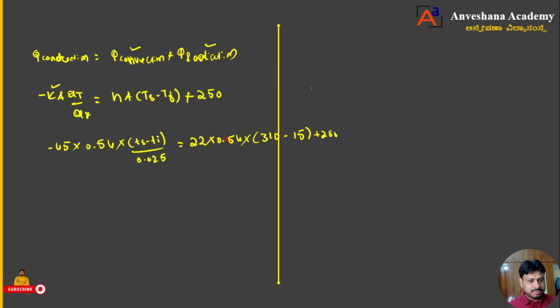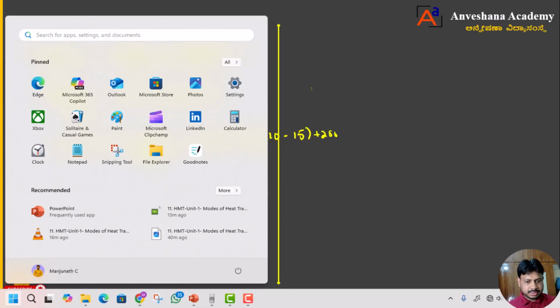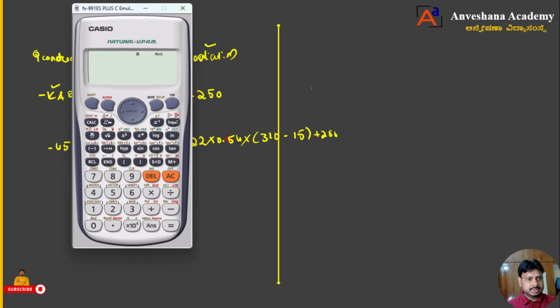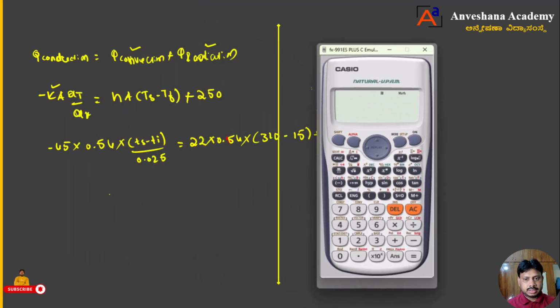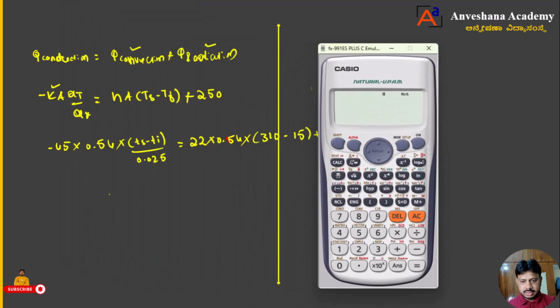Now I will do the simplification, dear students, with the help of a calculator. Now I will write here minus 45 into 0.54 into 0.025. Then how much am I getting here now?